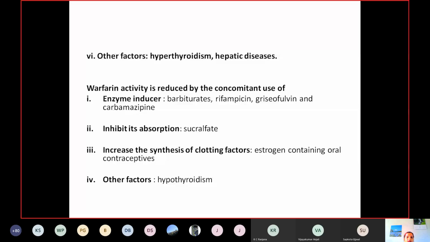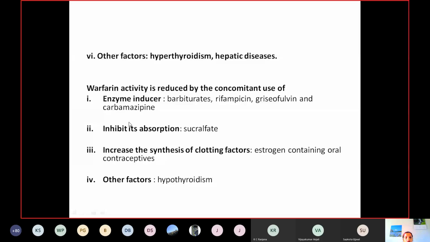Okay, because of this the action is potentiated. In hepatic disease, the clotting factor synthesis is decreased, thereby increasing the effect of warfarin. So these are some conditions where there is increased activity of warfarin, thereby leading to unwanted complications.